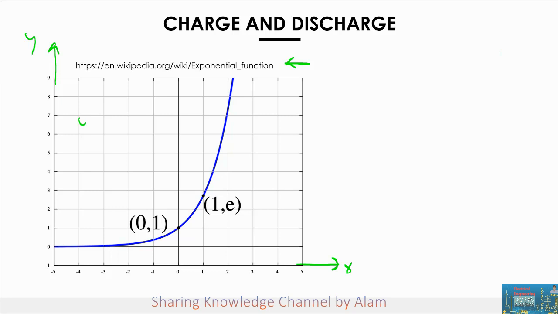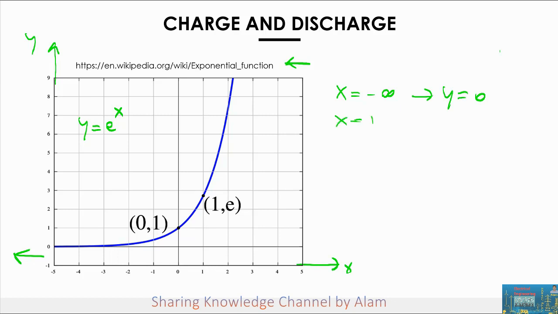This graph is representing y is equal to e to the power of x. Now I want to highlight a few characteristics of this function. The first is that when x is equal to minus infinity, so we're going all the way down here, you can tell that y is going to be equal to 0.